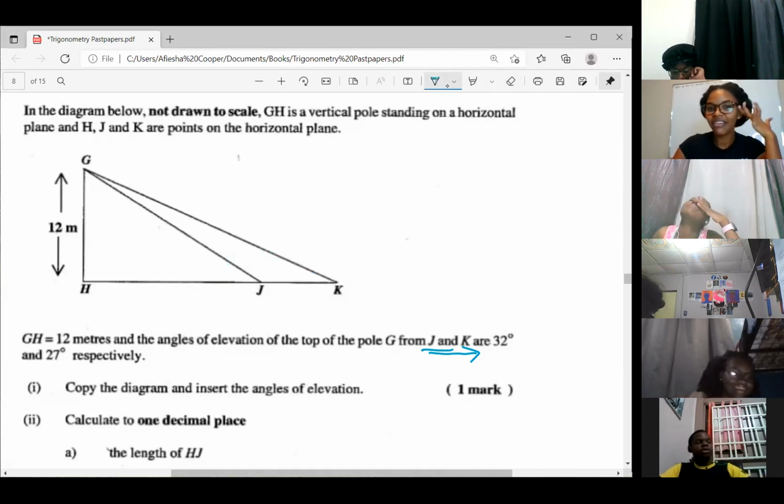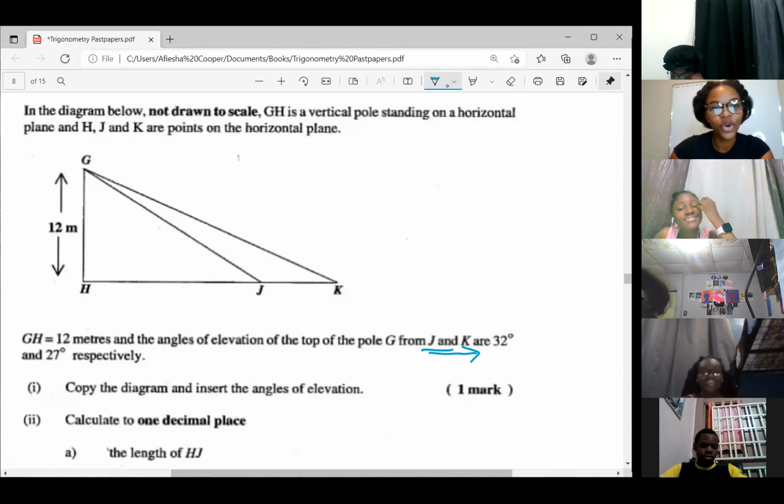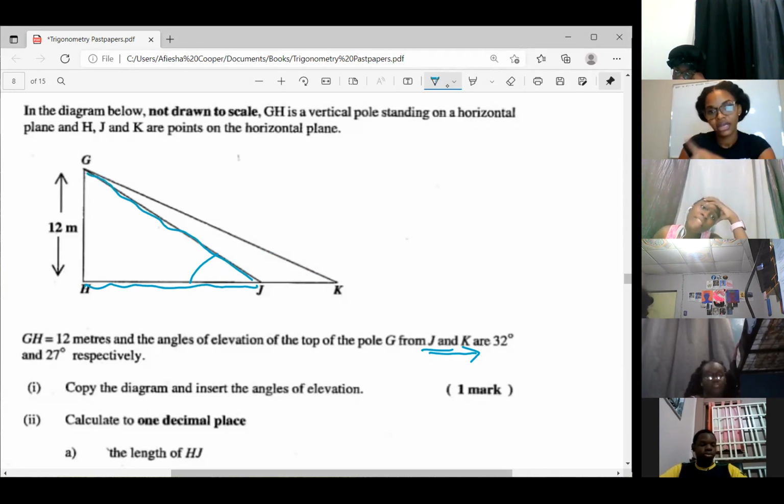You know, when you already have something in your head and you're not hearing what the person is saying. So no, remember, elevation will be from J, so it will be your horizontal line and your inclined line. So here will be 32, and then a horizontal line and the inclined line again.